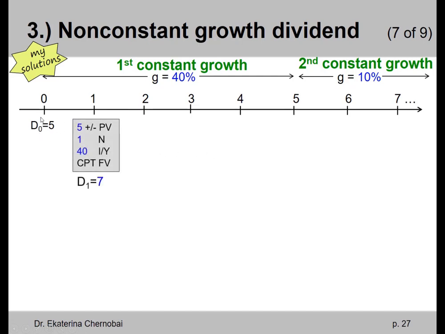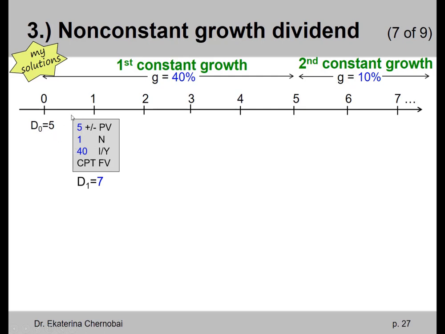If we know that the dividend that has just been paid was $5 and it will increase by 40%, then we can calculate the dividend after 1 year, for example, using the financial calculator, where the dividend today is saved as the present value, 5, make it negative, PV.